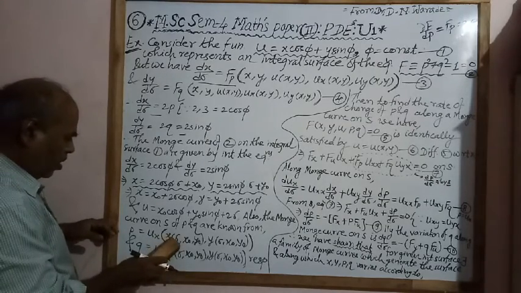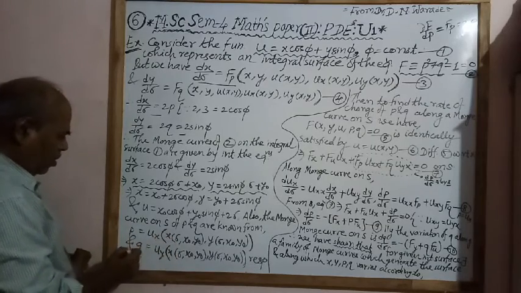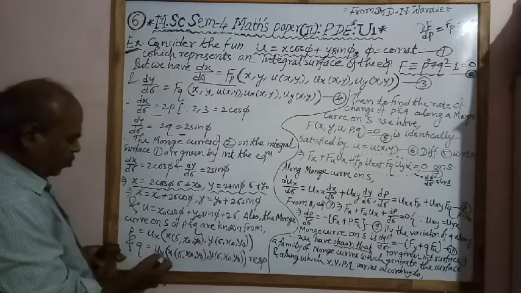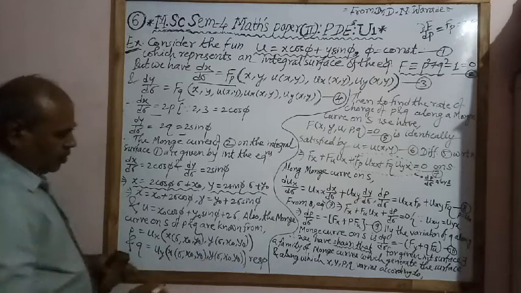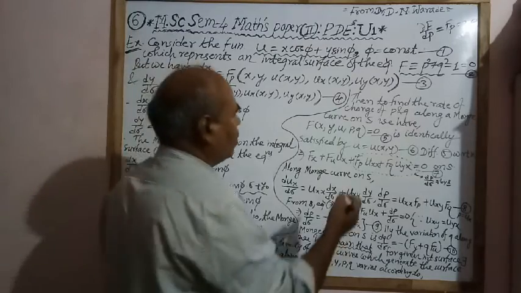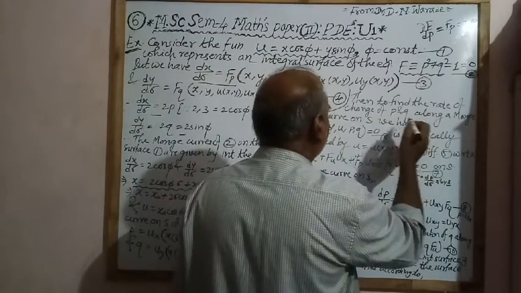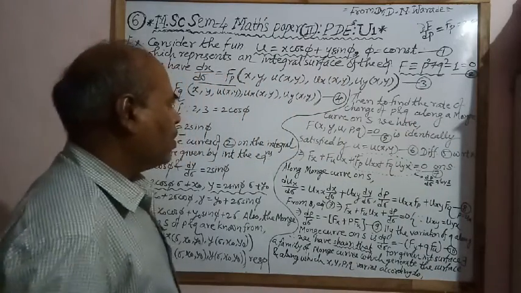Again x and y are functions of sigma, x0, y0, and q is the partial derivative del u by del y, which is again a function of x, y, and x and y are again functions of sigma, x0, y0 respectively.